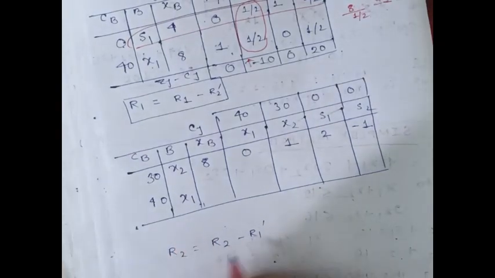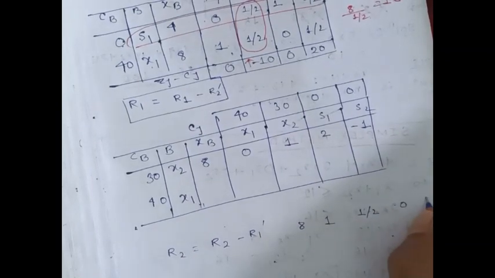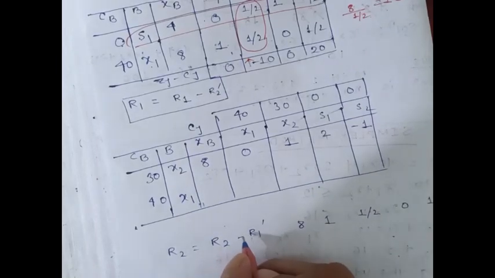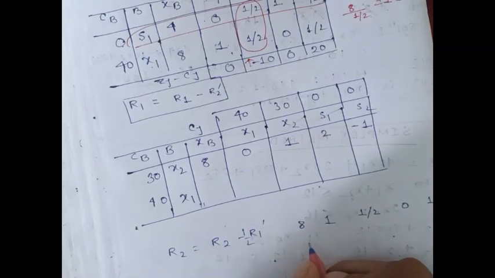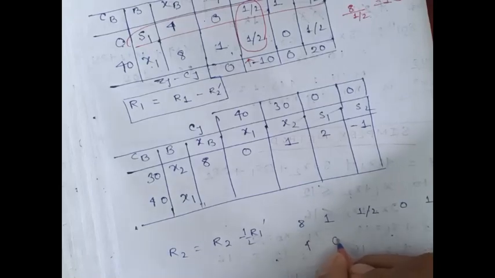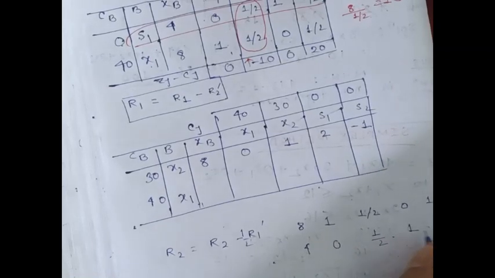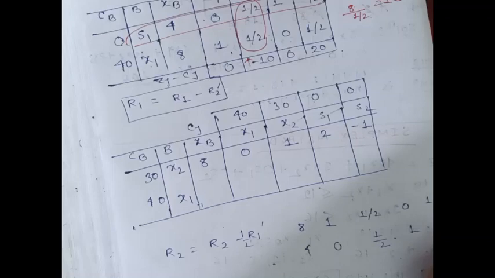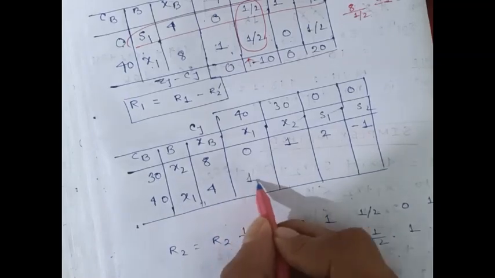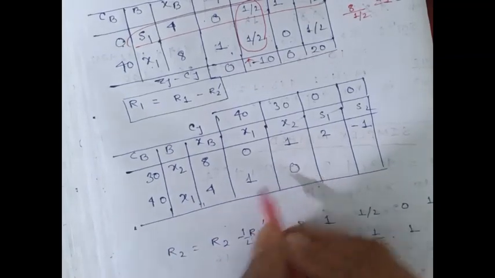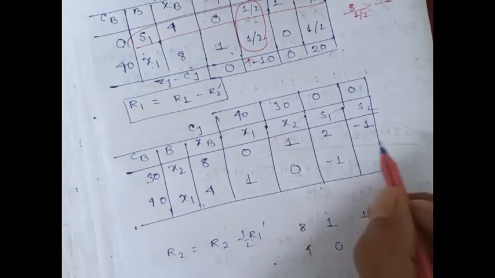So r2 is 8, 1, half, 0 and half, and half r1 dash is 8 by 2, 4, 0, half, 1, minus half. 8 minus 4, it is 4, 1, half minus half 0, 0 minus 1 minus 1, half minus minus half, it is 1.